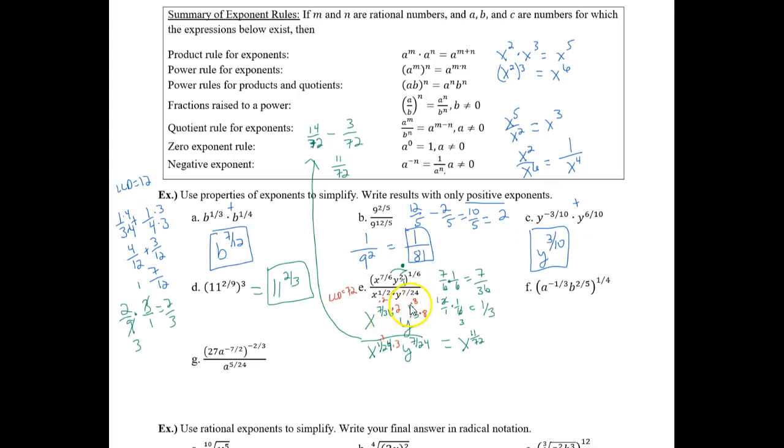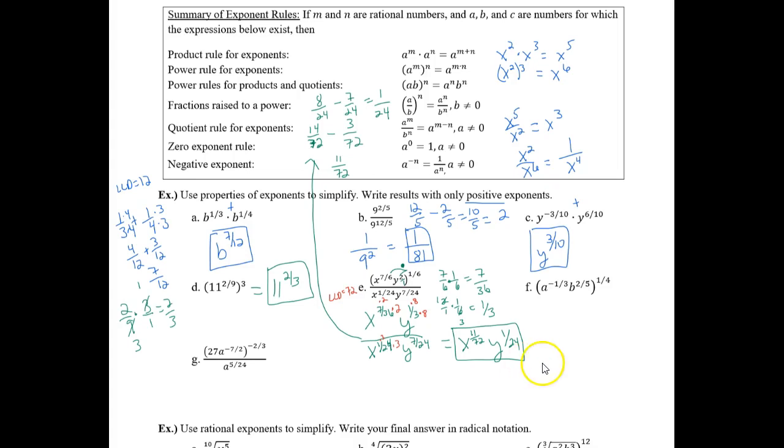So I'm going to take 8/24 minus 7/24 and get y to the 1/24 power. 8 minus 7 is 1. The denominator stays the same. Again, I had more y's in the numerator, so that ends up in the numerator. So the x was in the numerator, the y was in the numerator. I don't need to write it as a fraction anymore.